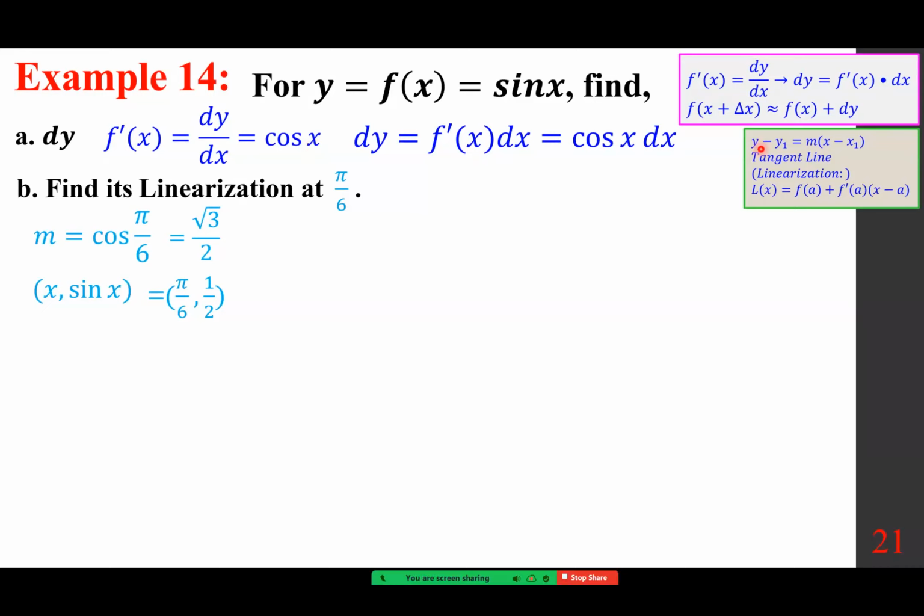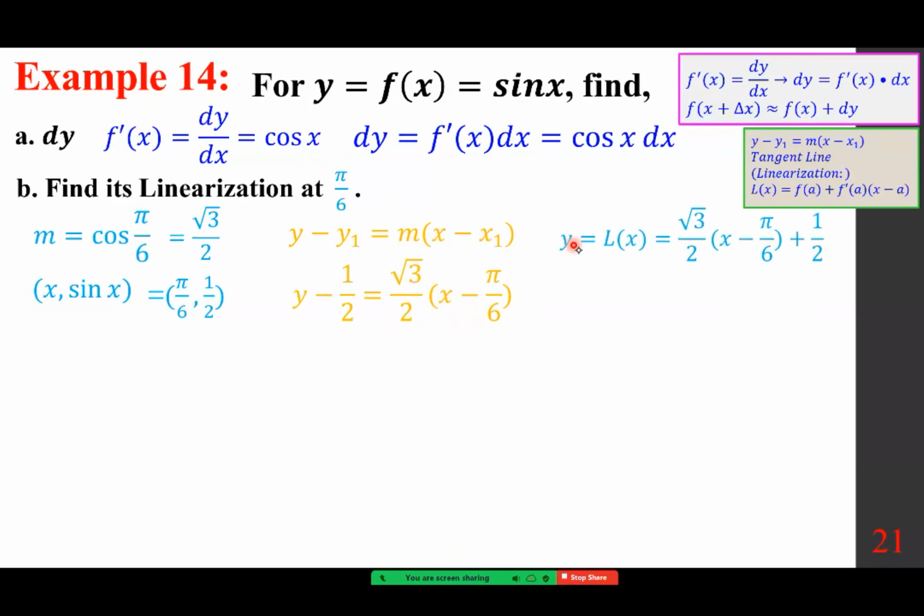I'm going to use the point slope formula, and I'm going to say y minus 1/2 equals square root of 3 over 2 times x minus pi over 6.